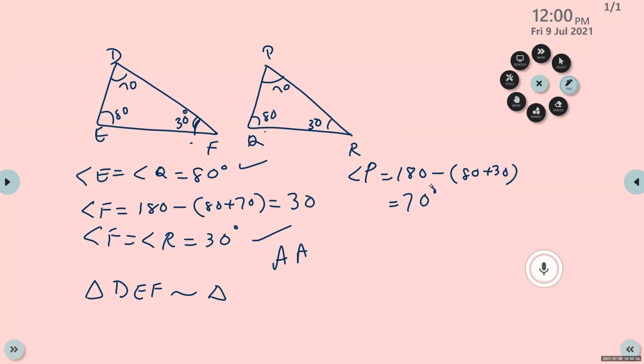All the angles are equal. So triangle DEF is similar to triangle PQR.